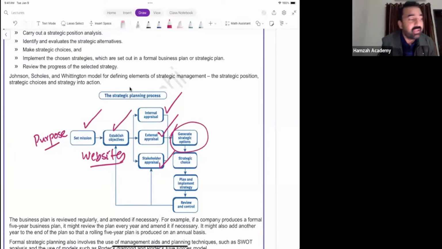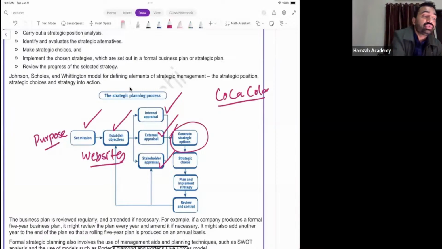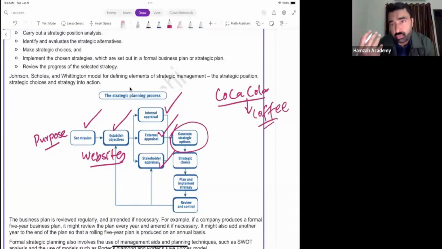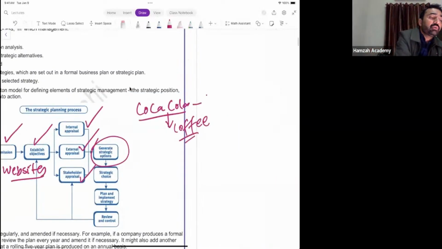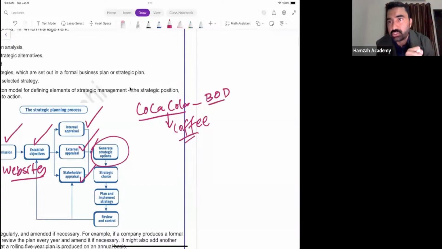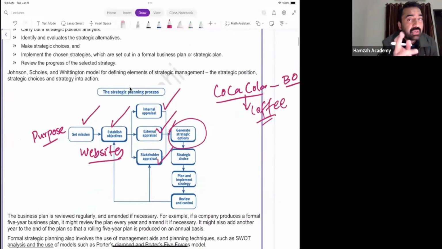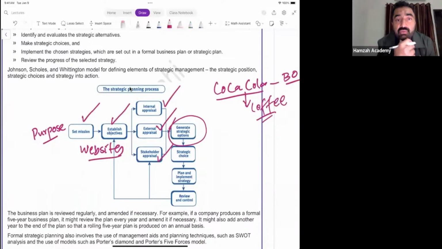Okay, for example, if I give example of Coca-Cola, we can give a very clear example of why Coca-Cola entered into coffee market. Although in the previous history of Coca-Cola, it has never offered coffee products, but now it is in. So before entering into coffee, of course, the Coca-Cola management, the executive board, or we say board of directors, must have performed all these types of analysis, like their internal analysis, what is our mission.